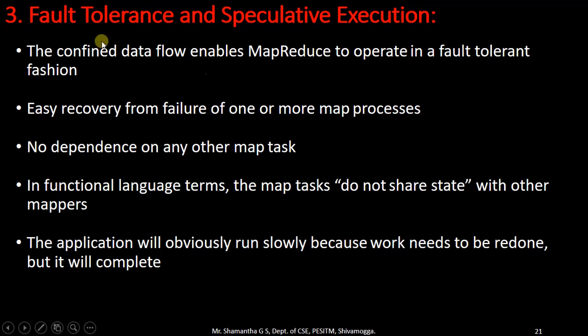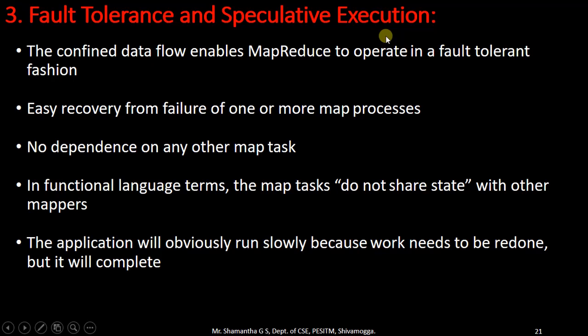Now we shall move on to our next topic, fault tolerance and speculative execution. One of the most interesting aspects of the parallel MapReduce operation is the strict control of data flow throughout the execution of the program. For example, the mapper processes do not exchange data with other mapper processes.